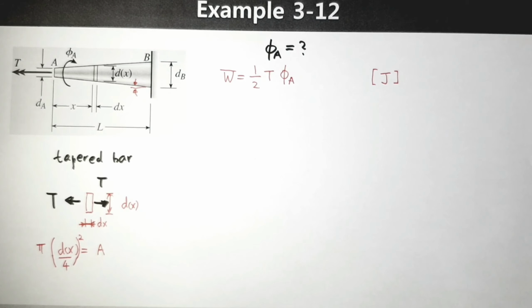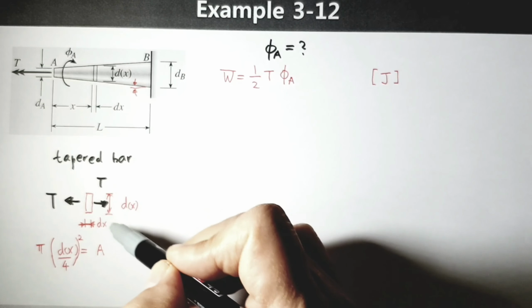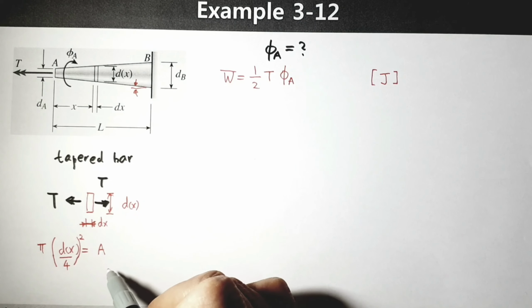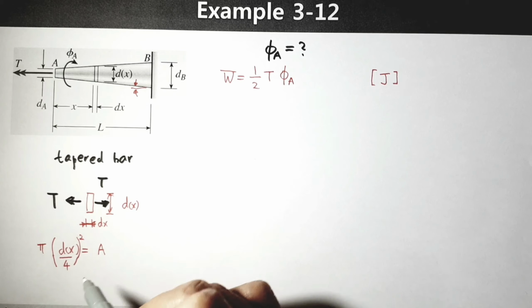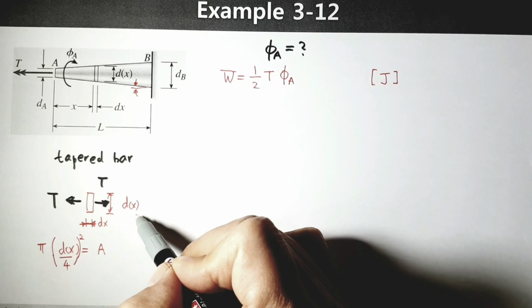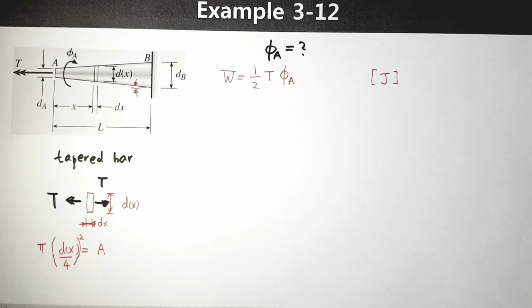This cross section is changed, or this dx is changed. When you think of area, you can use this one, but mainly this dx is changed. That's the key point.